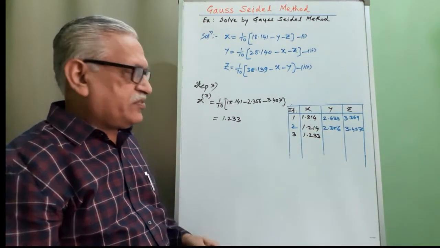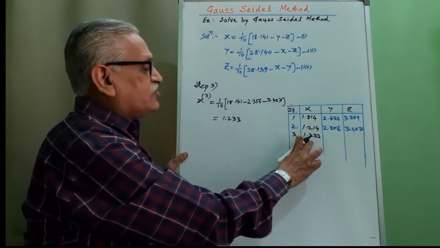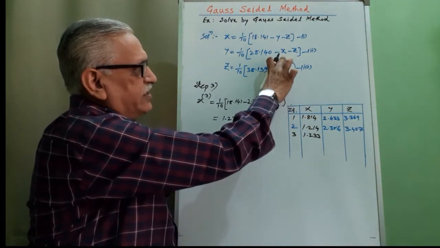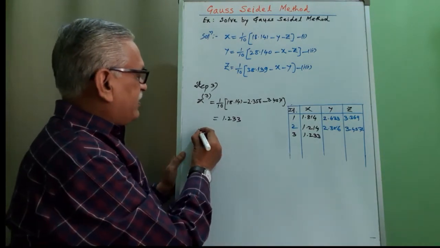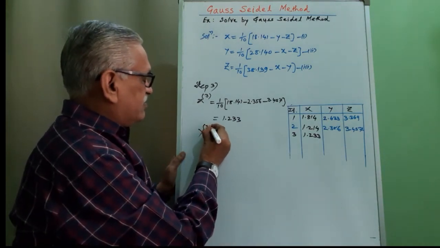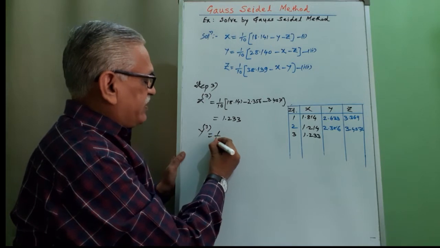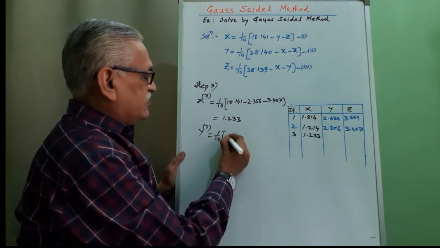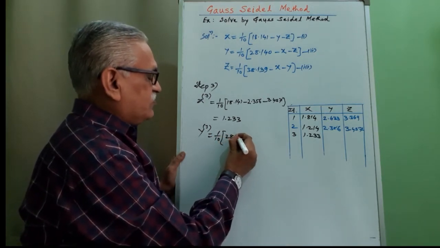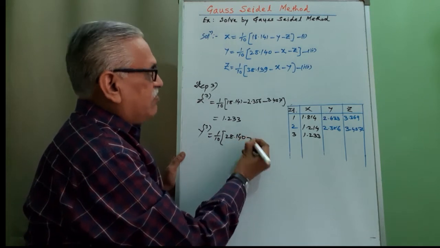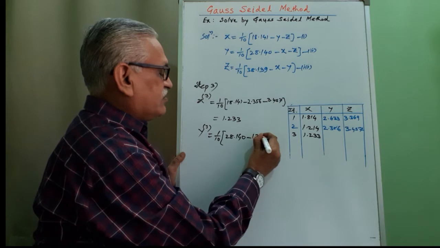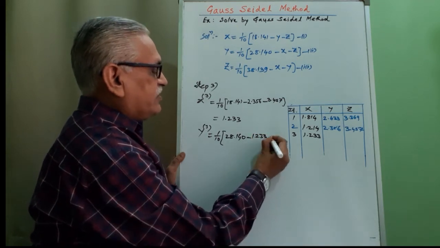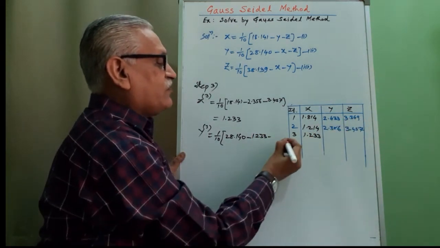1.233 is the new value for x. Then use this here in equation 2 along with this value of z. We get y3 as 1 by 10 times 28.140 minus x, 1.233, and minus z, 3.457.